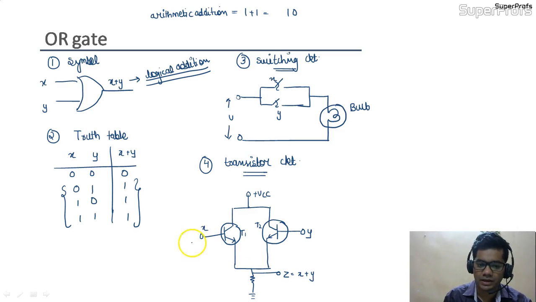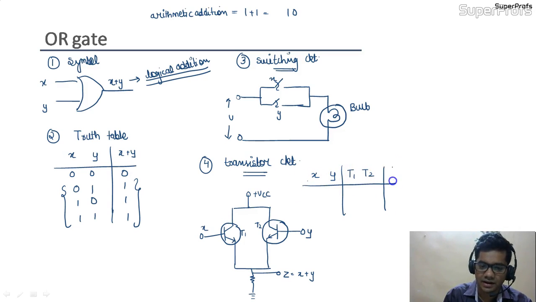Okay, so if we want to draw its truth table, students, this is X, this is Y, this is the T1 transistor, this is the T2 transistor, and the output would be Z. So 0 0, 0 1, 1 0, 1 1.